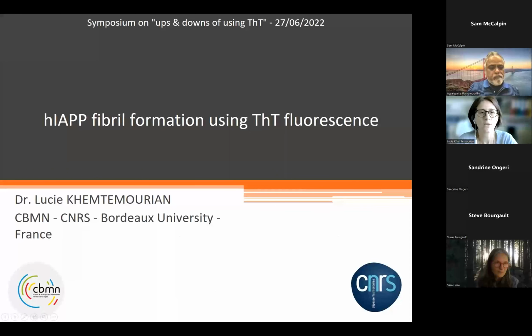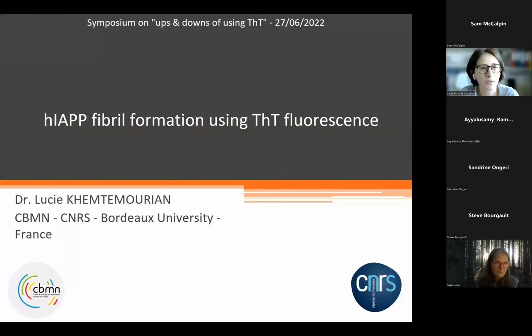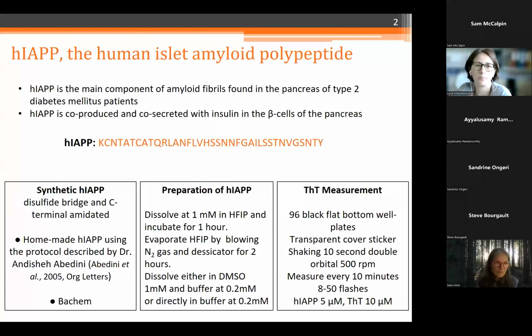Okay, so I'm going to talk today about IAPP fibril formation using ThT and the problem we had in our lab recently. So maybe you don't know, but IAPP is the human islet amyloid polypeptide, which is the main component of amyloid fibrils found in the pancreas of type 2 diabetes patients.